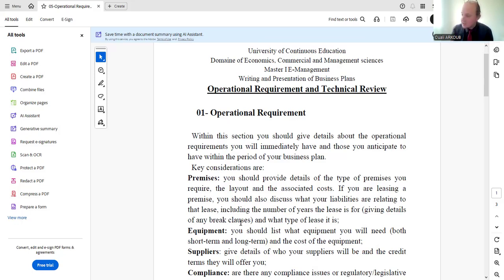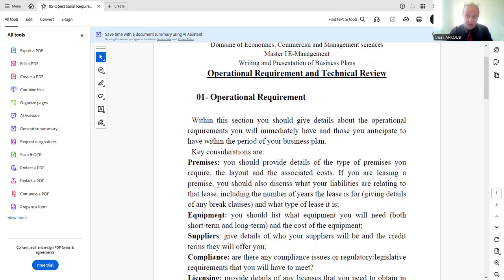The first is premises, locaux in French. You should provide details about the type of premises you need, the layout, and the associated costs of these premises.